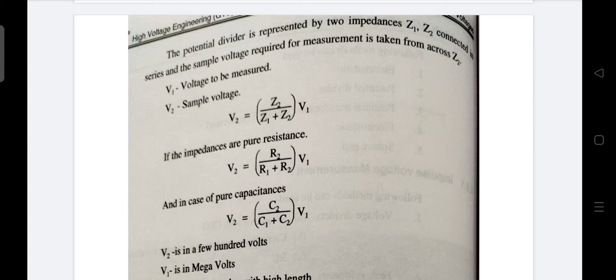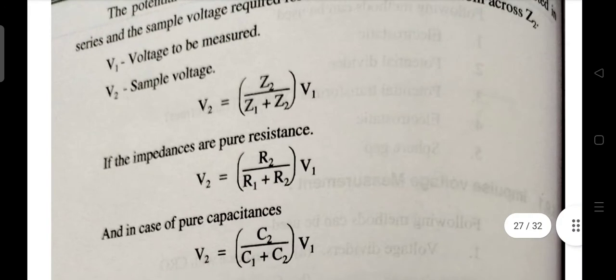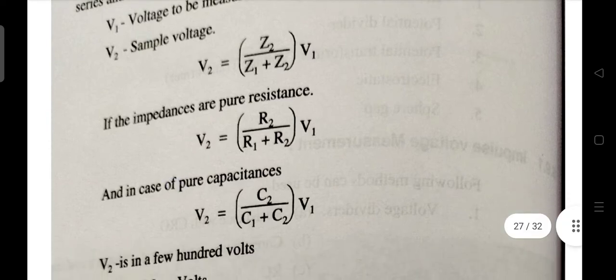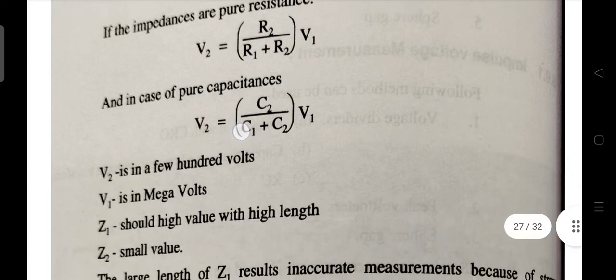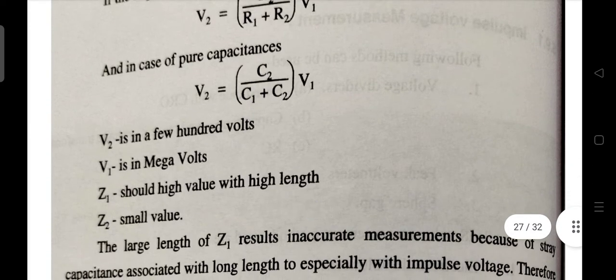We can derive our voltage V2 using the potential divider rule: V2 = Z2 divided by (Z1 plus Z2) times V1. If the impedances are pure resistances, then the equation will be R2 divided by (R1 plus R2), and for pure capacitances it will be C2 divided by (C1 plus C2). Here V2 is a few hundred volts whereas V1 is in megavolts.